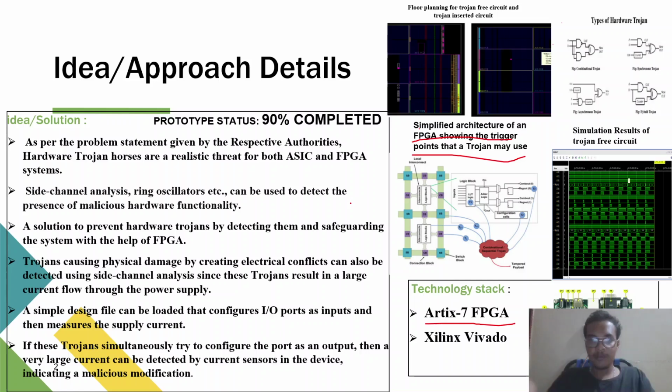So that we have projected here. One is power side channel analysis, as you can see in the right part here. This is the basic simulated power side channel analysis, which can be done in the Xilinx Vivado board by connecting this board. We have run this analysis, and this is the screenshot of that.